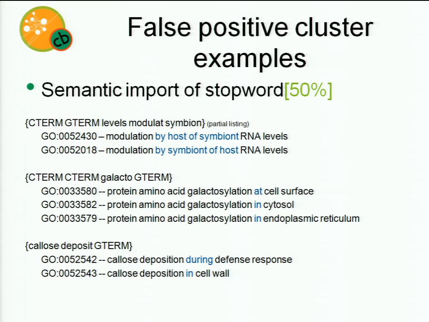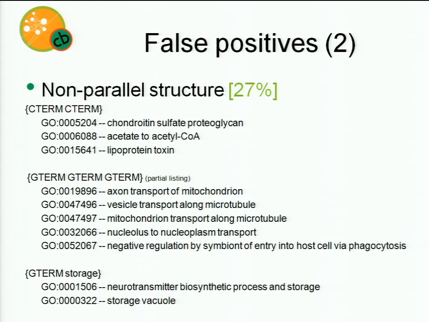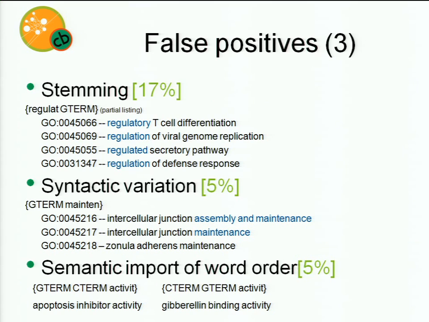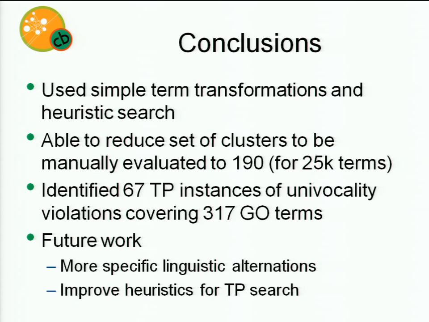Some of them we just ended up with, by doing so much abstraction, completely different structures. And I will jump ahead. Basically the conclusion is that we use simple term transformations and a heuristic search to identify 67 true positive clusters in our data set of potential univocality violations.